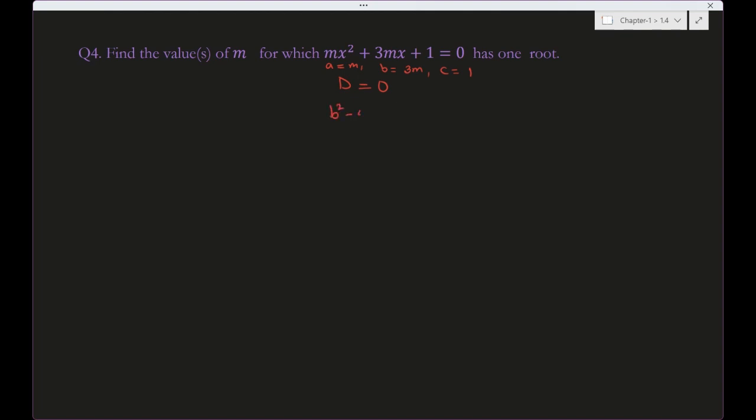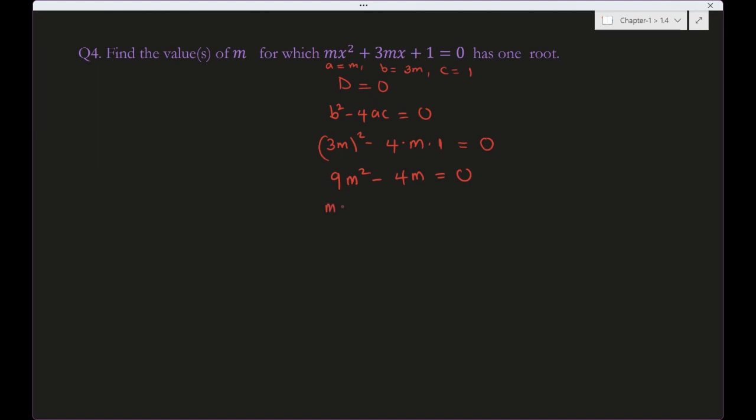And the discriminant, we know it is b squared minus 4ac equals 0. So what is b? This will be 3m all squared minus 4 times a. a is m, times c, which is 1, all equals 0. So this is 9m squared minus 4m equals 0.